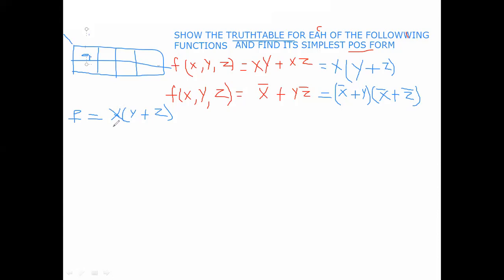That's why this is converted into standard POS form. Otherwise, you can do it by using the truth table also. But here in the problem, it is especially given to use the truth table for each of the following functions.